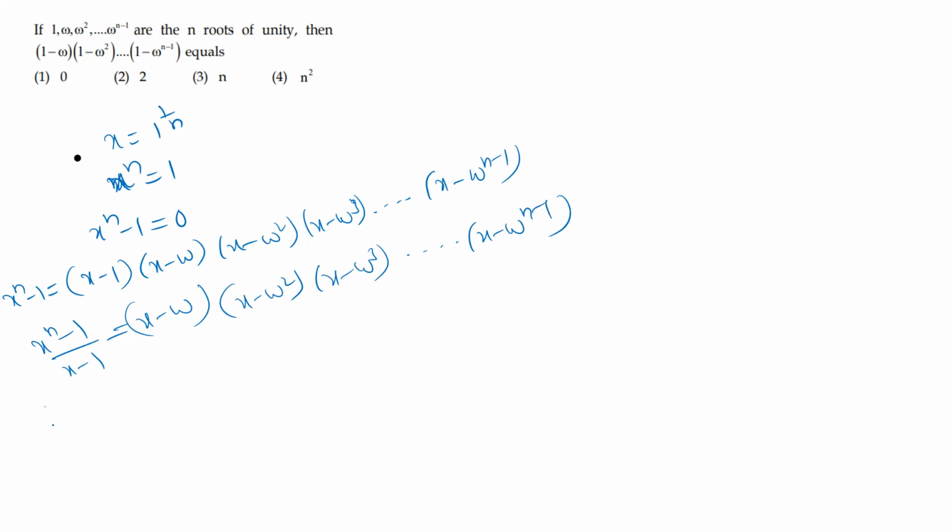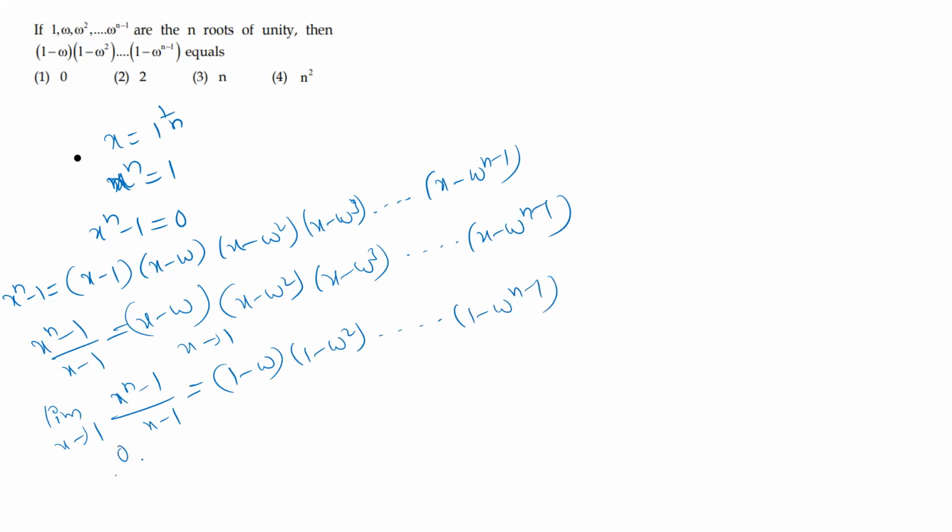Now I'm taking the limit on both sides, because if we substitute directly, the 0 by 0 form will come. The limit means x is approaching 1. That means 1 minus omega into 1 minus omega square and so on, 1 minus omega power n minus 1. Here, directly substituting gives the 0 by 0 form.